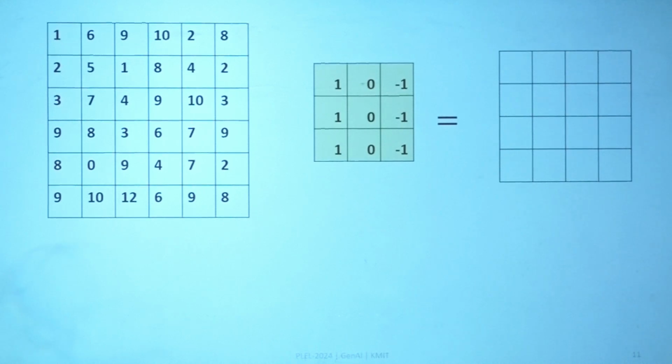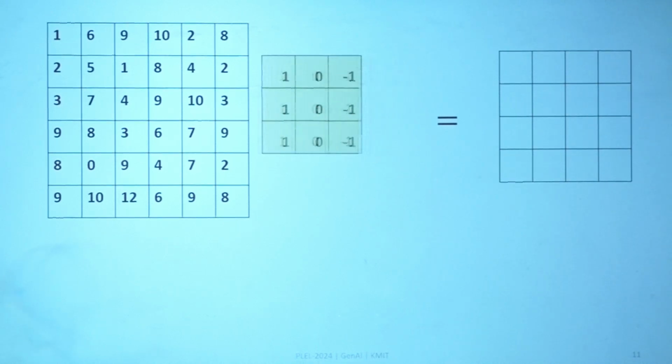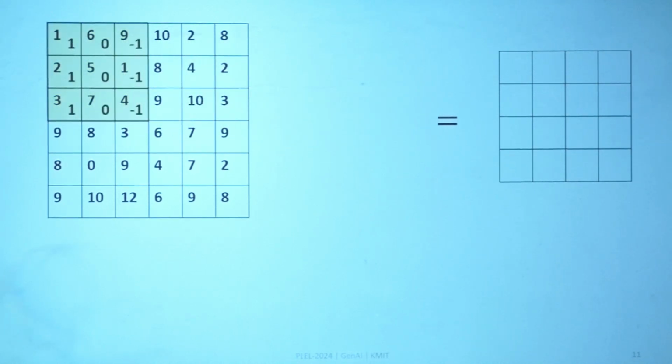How will it be done? Let us see the detailed convolution operation. This filter will superimpose on the image starting from the top left corner. Now what is the input region? This region, 1 6 9 2 5 1 3 7 4, is the region which is convolving with the filter from the input.